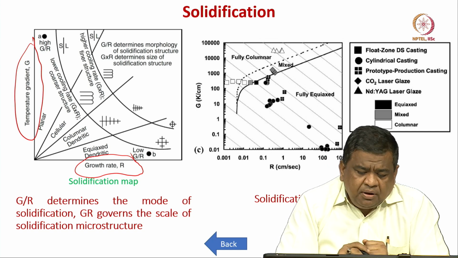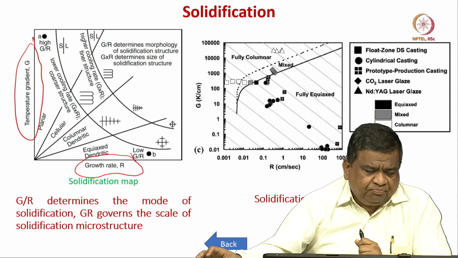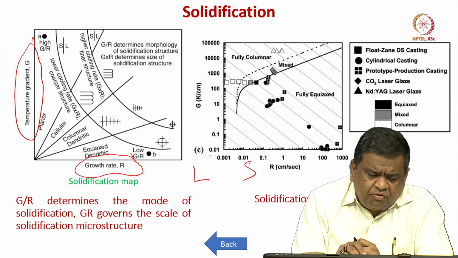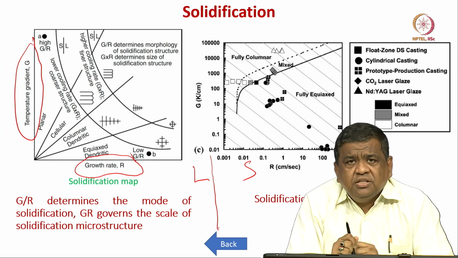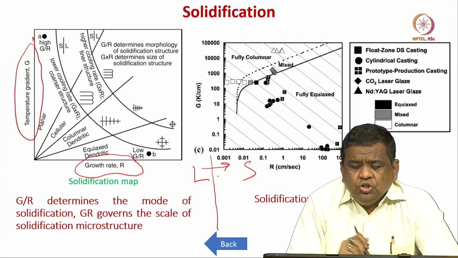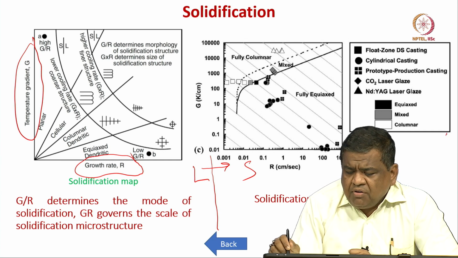For example, if there is a liquid solid solidification front, how does this front traverse? Suppose you have a mold and you are pouring liquid metal into the mold.